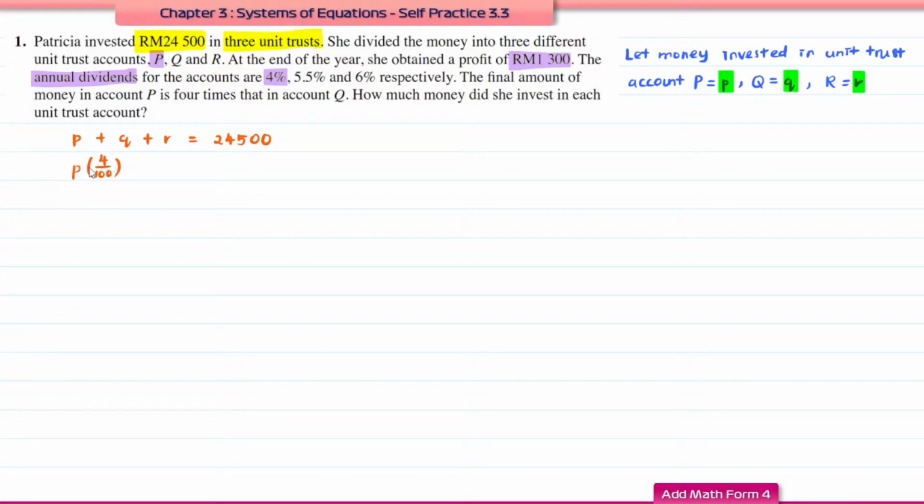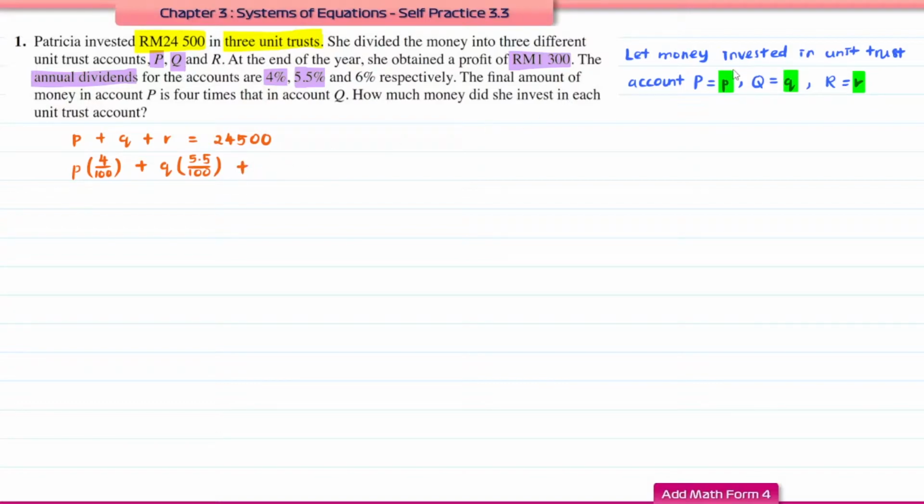That is the dividends in account P, plus the dividends in account Q, which is 5.5%. So it's going to be q multiplied by 5.5 over 100.